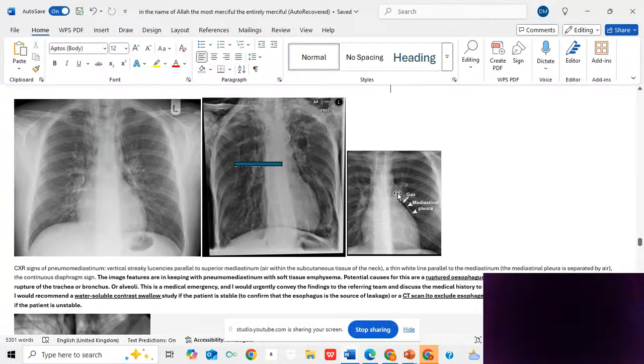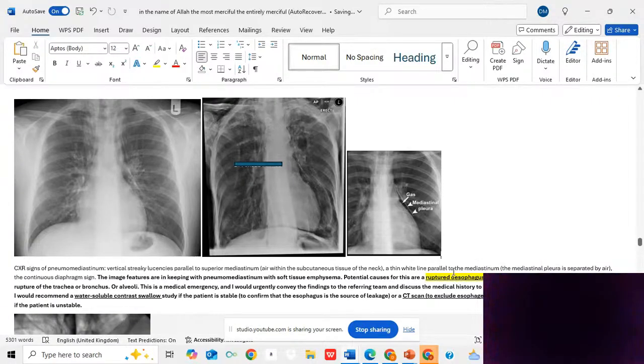So the imaging features are in keeping with pneumomediastinum, okay? Pneumomediastinum with soft tissue emphysema. The most likely cause for this is a ruptured esophagus.